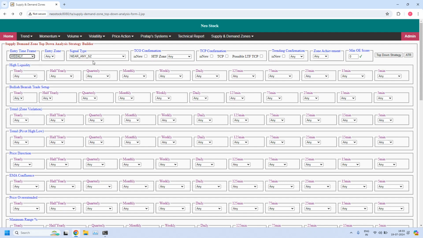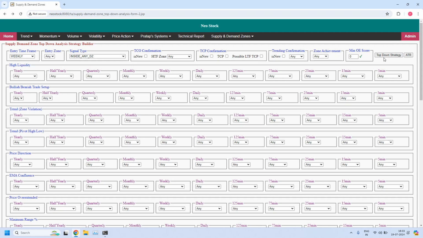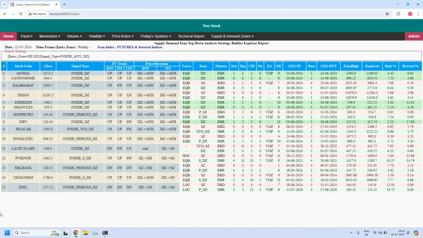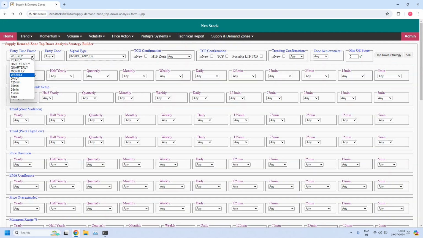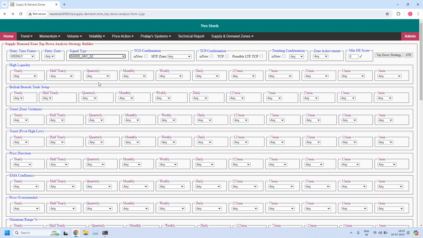For weekly time frame, let us find the stocks where price closed inside weekly demand zone. So 15 stocks are filtered where price closed inside weekly demand zone. The next report for weekly time frame, let us find the stocks where price closed inside weekly supply zone.